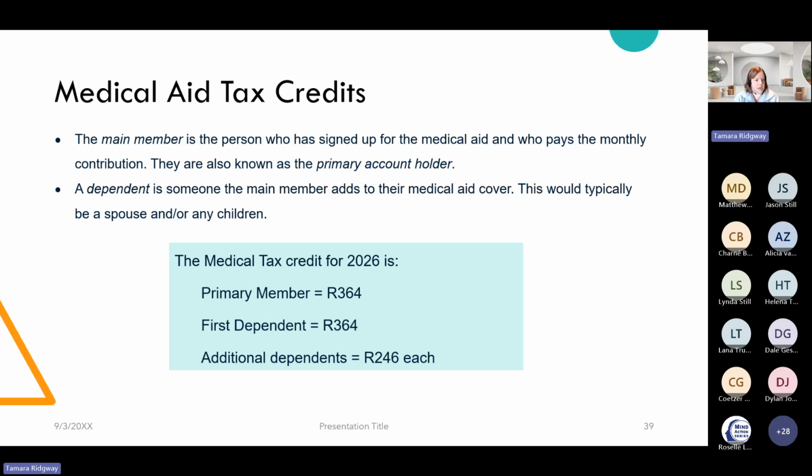So UIF then. All employers who work more than 24 hours a month, just by the way in case you didn't know that, must contribute 1% of their gross salary to this unemployment insurance fund. However, there is a maximum of 177 Rand and 12 cents which can be deducted. So if your 1% is higher than 177 Rand and 12 cents, then only 177 Rand and 12 cents can be deducted.